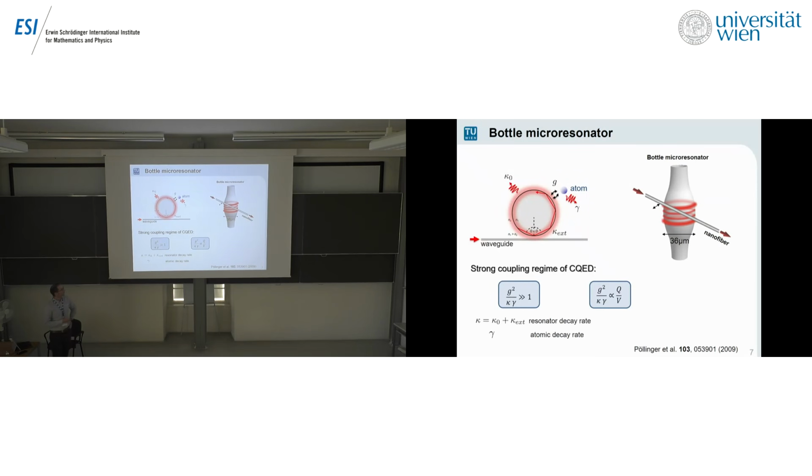And in our case, we now realize such a system by using our bottle microresonator, which is fabricated from a commercial optical fiber, first pulled down to a diameter of roughly 40 microns, and then micro-tapered again to give this bottle-like shape. And these resonators can now be interfaced via optical nanofibers, where you can have almost lossless coupling by overlapping the evanescent field of the fiber with the resonator mode.